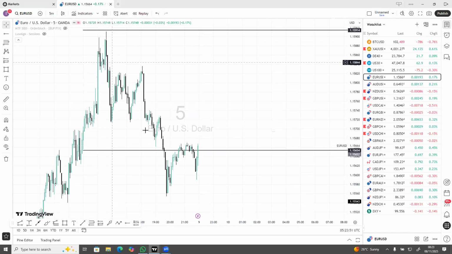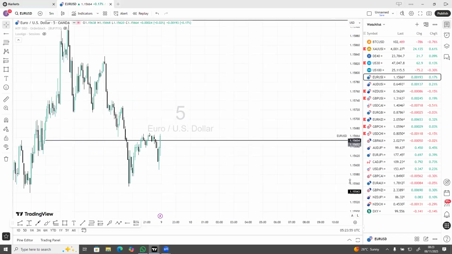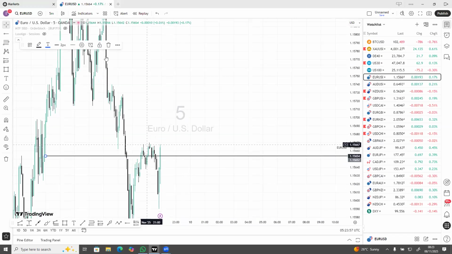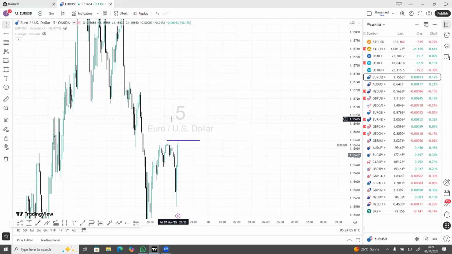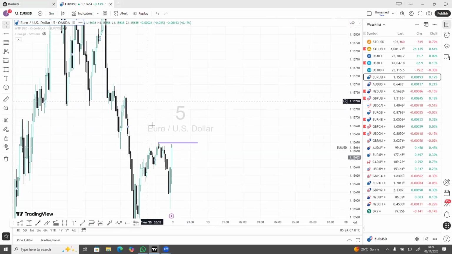So for a scalping entry with a market structure like this on 5 minutes, you're supposed to wait for a market shift, a break candle, and a close above that previous high.